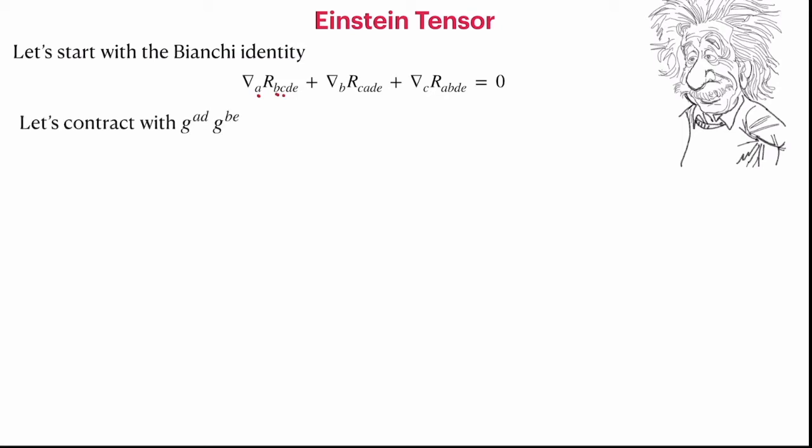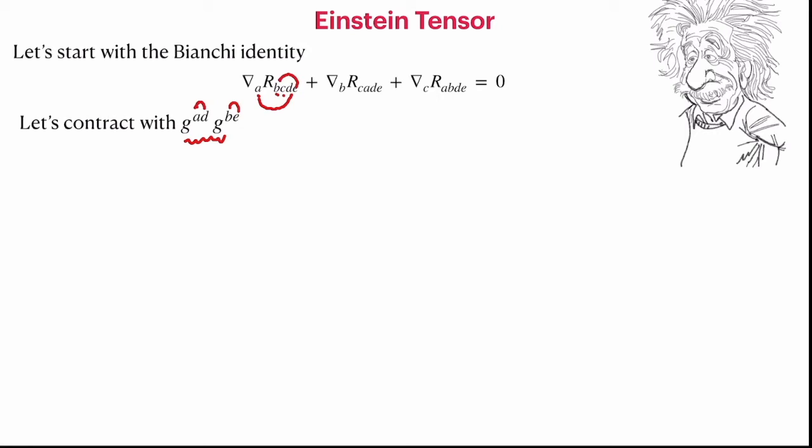Now we contract various indices, but we have to be careful. If we don't choose our indices carefully, the result is going to be 0 because of the anti-symmetric properties of the Riemann tensor. To get a non-zero result, we contract the indices A and D, and B and E. They are chosen such that it gives some meaningful result.